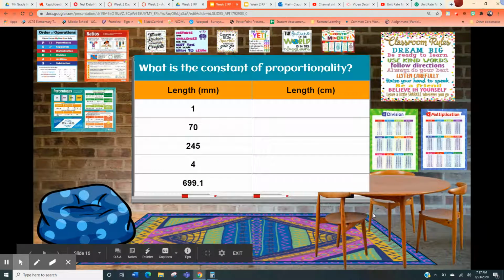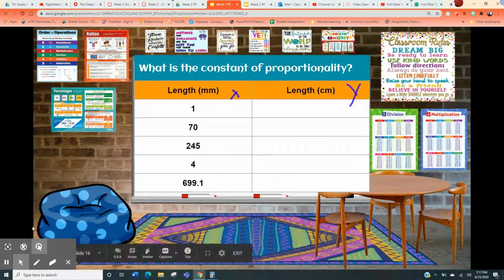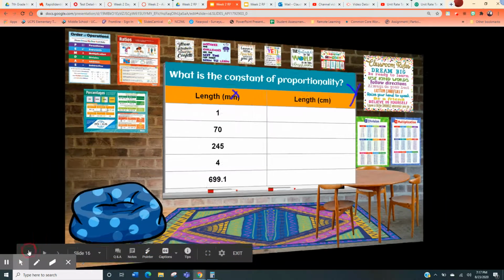What is the constant of proportionality now? So let me think back. I don't have anything in my y column right now, but I remember that we were looking at that ruler. So let's take a step back and go back to that ruler to see if it can help us out.